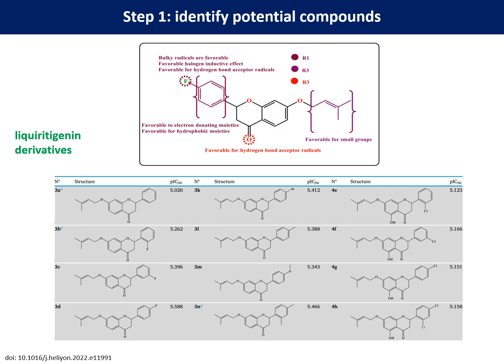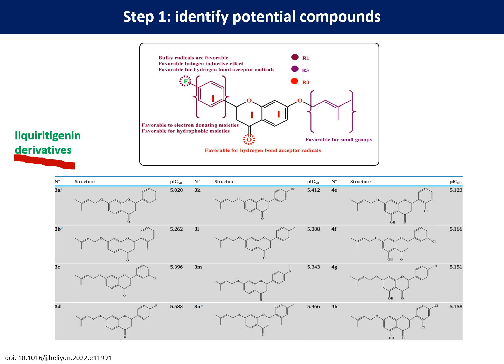For example, in this paper, published in a journal, they identified the association between ligustilide derivatives and acetylcholinesterase, the enzyme that degrades acetylcholine and plays an important role in Alzheimer's disease. You can see here the structure contains around 3 benzene rings, 1, 2, 3.